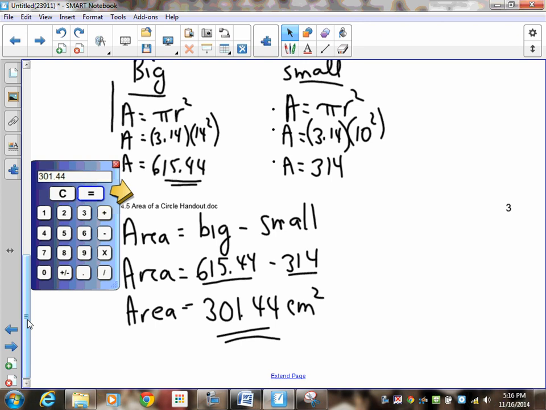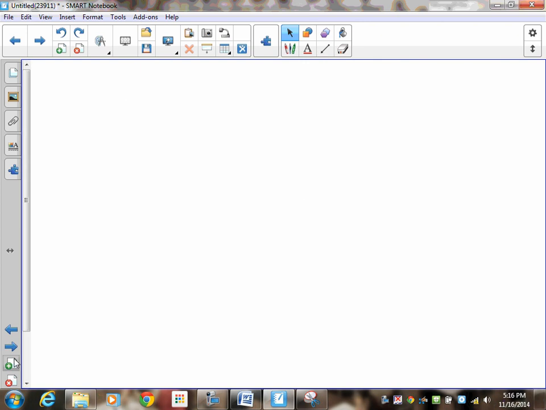Okay, so let's go to the next question. Let's go to our scribblers for a second. So grab your scribbler or some scrap paper. Let's do a couple of these subtraction questions so you can get more comfortable doing them. Okay, so let's take a look. The circle has a radius of 10 centimeters.